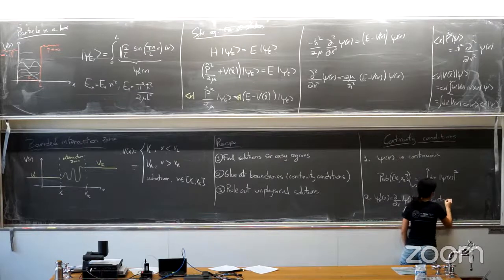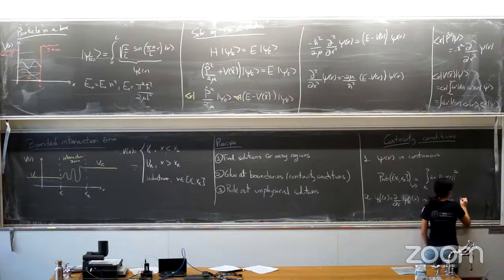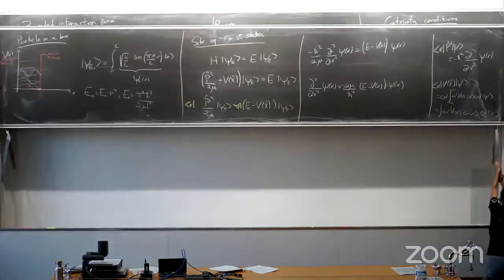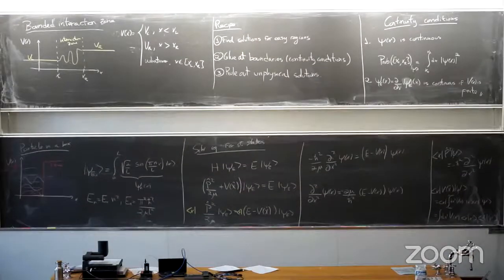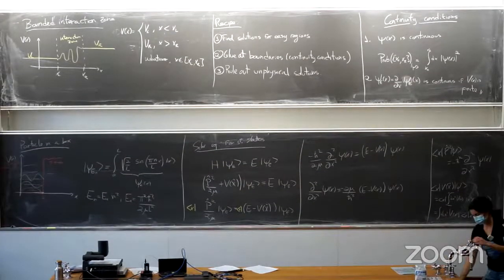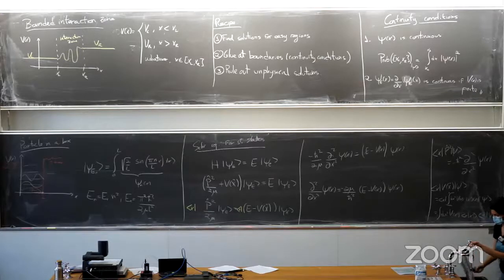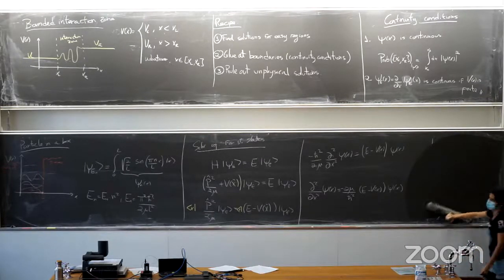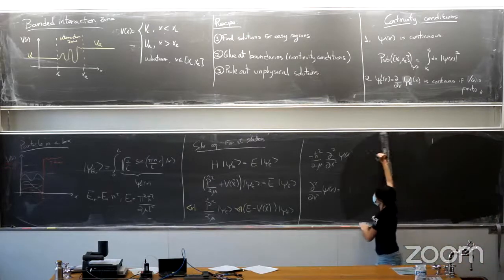And so let's just prove this. Note that in particular for the particle in the box that we did last time, this derivative does not need to be continuous at the edges of the box because the potential is infinite.